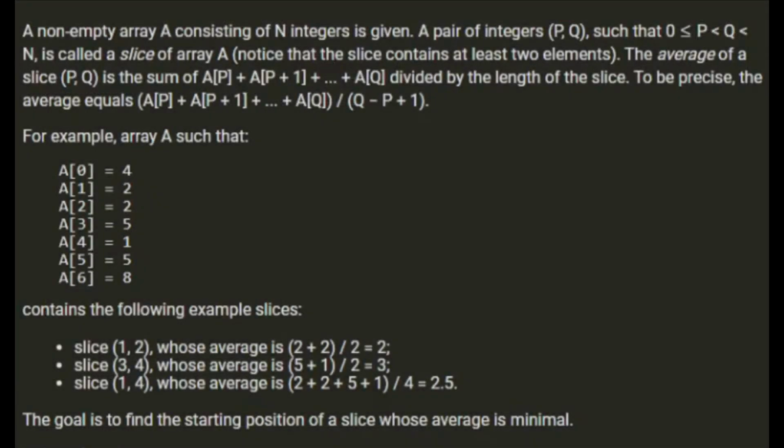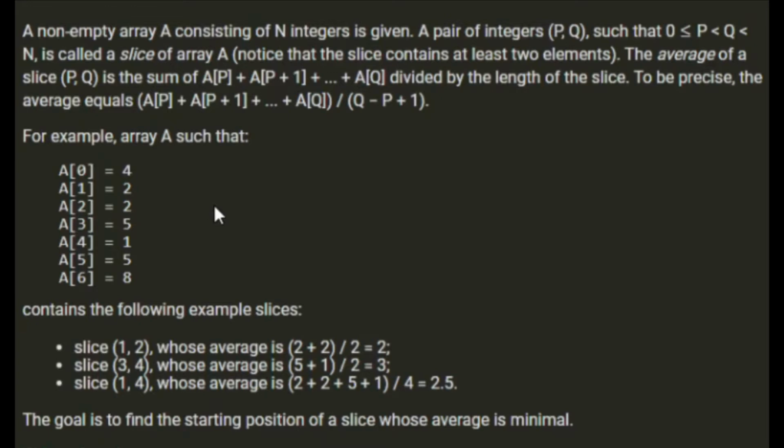Okay, a non-empty array A consisting of n integers is given. A pair of integers p and q such that 0 is less than or equal to p, which is less than q, which is less than n, is called a slice of array A. Notice that the slice contains at least two elements.